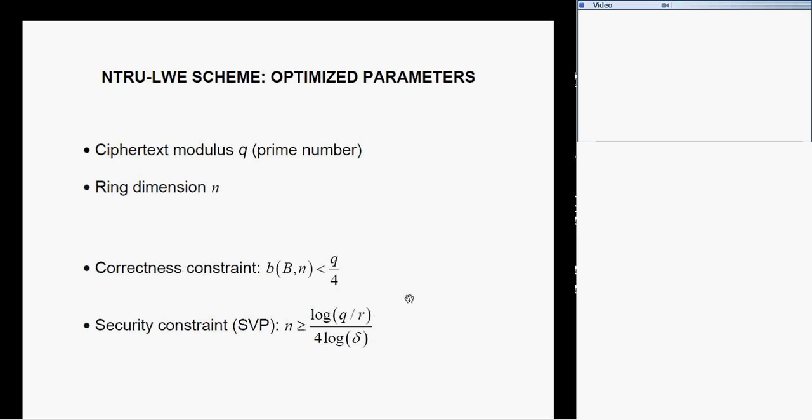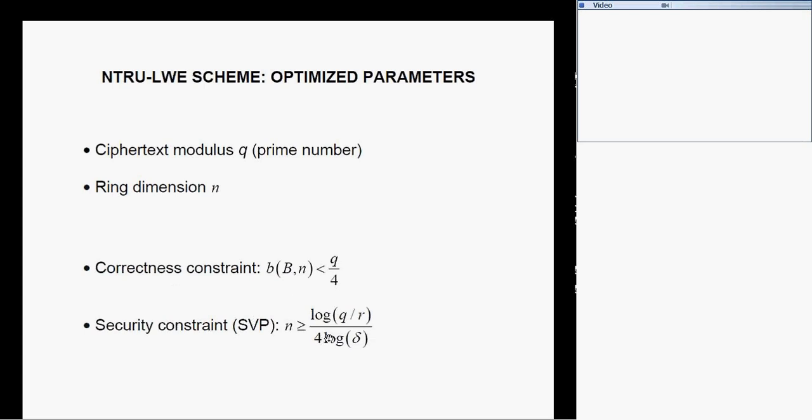Virtually, we're solving an optimization problem, trying to find the smallest values of the ring dimension and of the ciphertext modulus Q that make the scheme practical. Our goal, based on those two inequality constraints, is to find the smallest values of Q and N, because they're the parameters that will be important for our computations. That's what we're trying to do from a practical perspective.